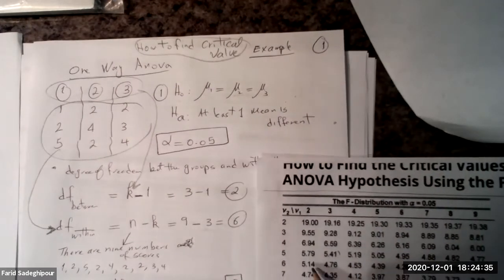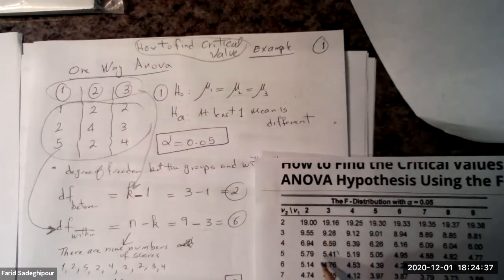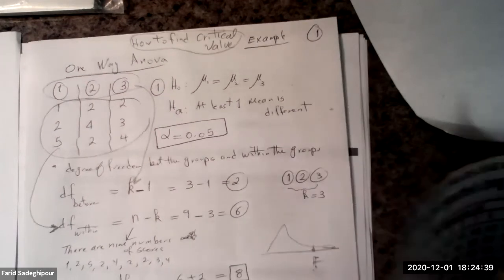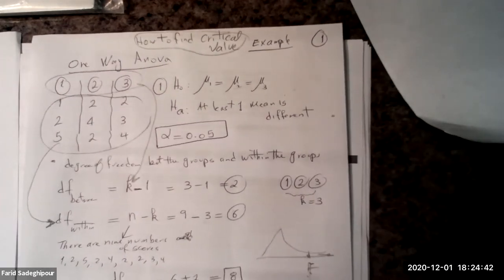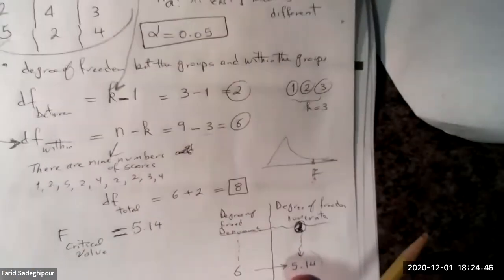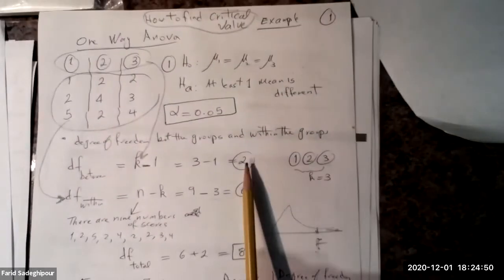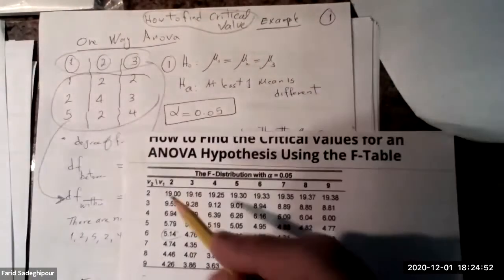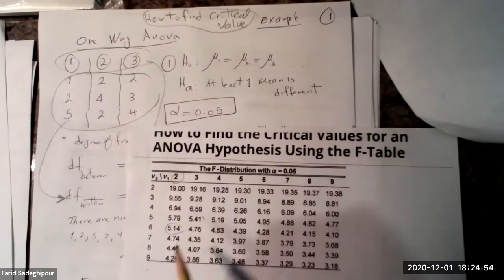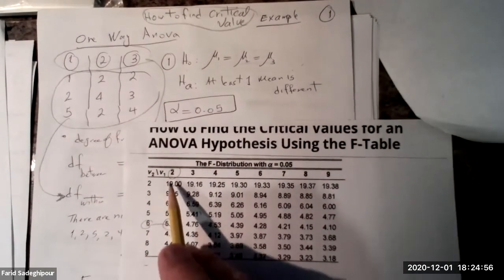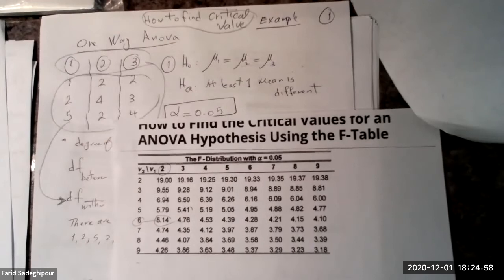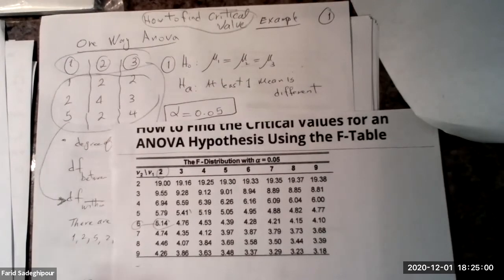It should be 6, and 2 should be 5.14. 5.14. So this number 2, you find it here, and 6 here, that brings you to this one. That's how to use the F distribution when alpha is 0.05.